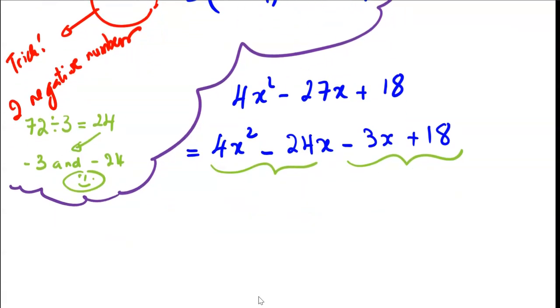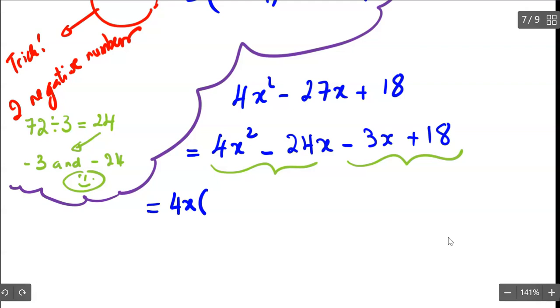So now I group these two, and these two. Then you find the common factor between these two and the common factor between these two. The common factor for this should be 4x. Inside this you should have x minus 6 left. And you factor out the negative 3. Inside here you have x minus 6.